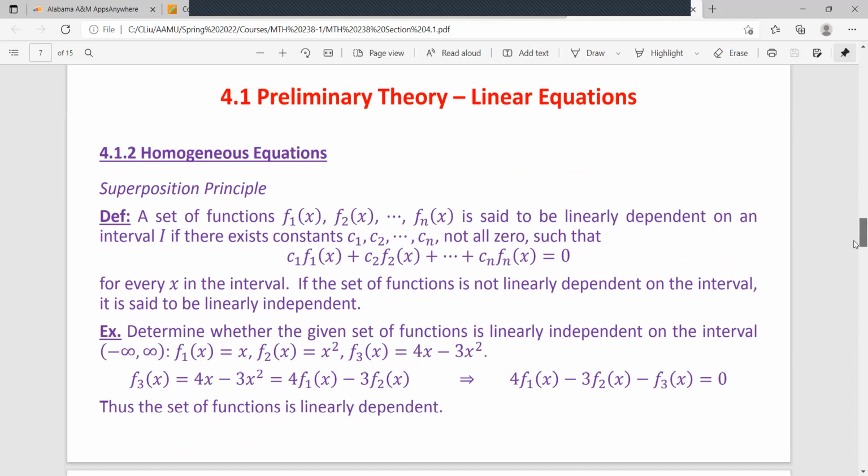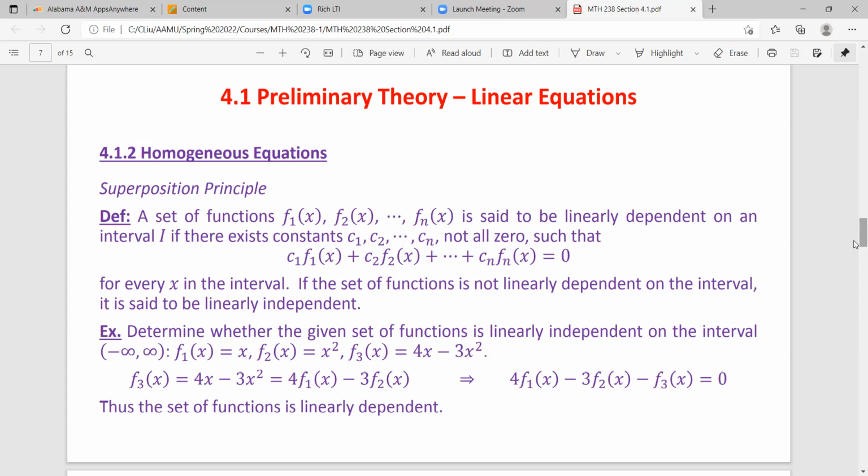Okay, let's talk about another definition. Related to this superposition principle, we have the term linear dependence. So what does it mean by linear dependence? Suppose we have n functions, f1, f2, up to fn, a set of functions.